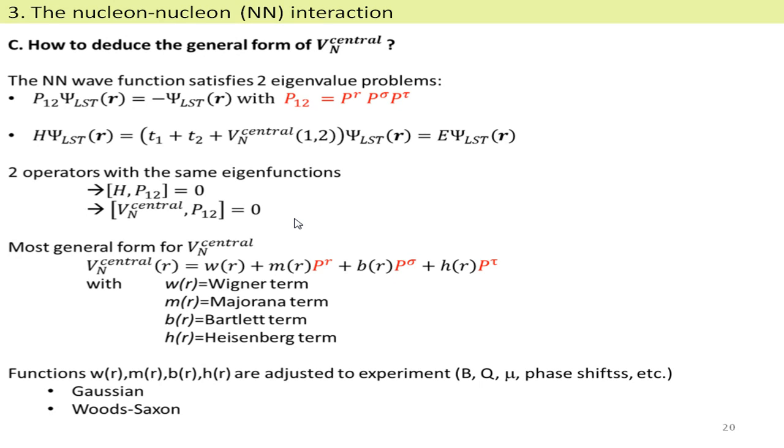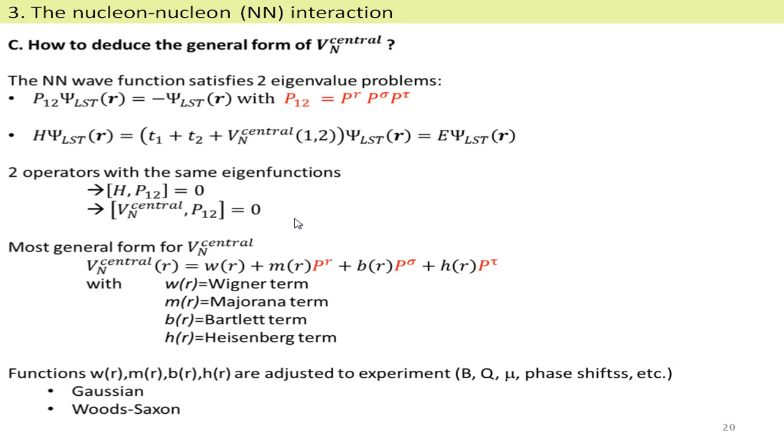And then if you look at H, it contains this kinetic energy, and obviously it commutes with P12, because T1 plus T2 is equal to T2 plus T1. So what you deduce from this is that the central part of the nucleon-nucleon interaction should commute with this operator P12.